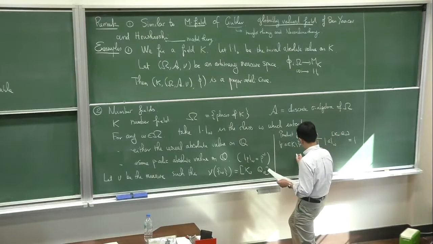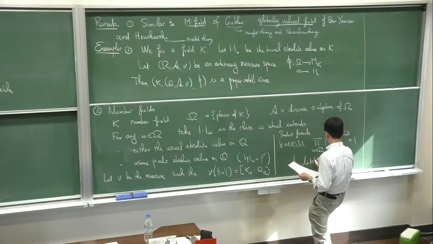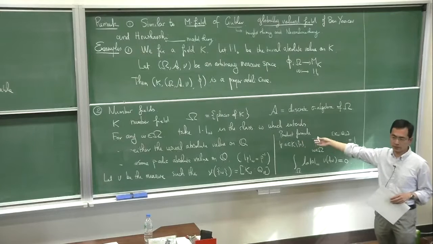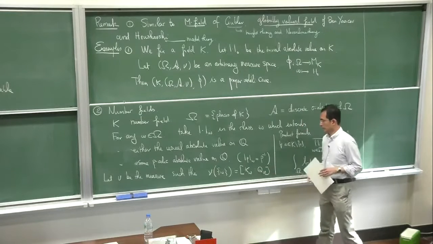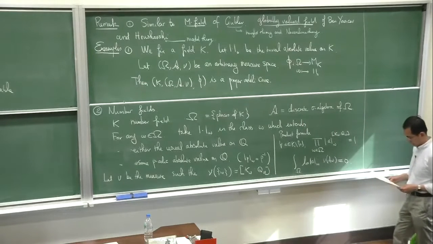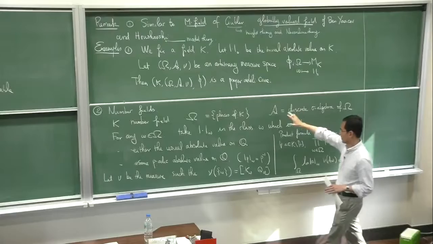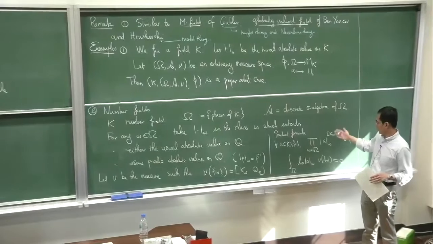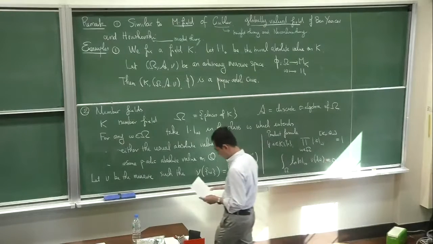So you can rewrite this equality as the integral over omega of log of |a|_omega with nu d omega is 0. And therefore you get an adelic curve which is proper. Of course the choice of the measure is very important in this example. If you are not familiar with number fields, you take Q and you observe that you have some simpler product formula, and then you get an adelic curve corresponding to Q.